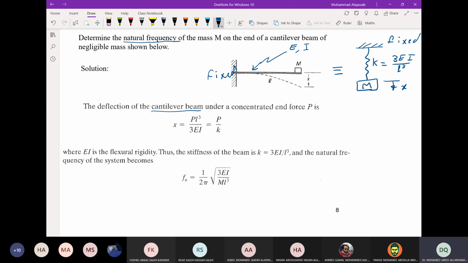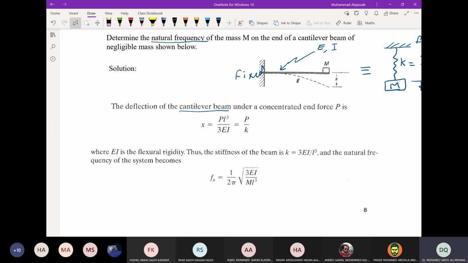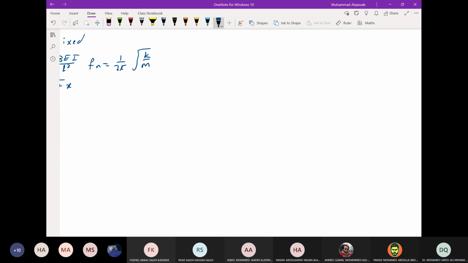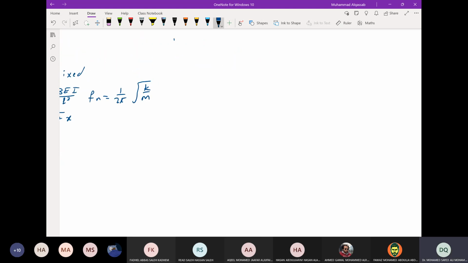Now, if you go back to mechanics of materials, you will find that the deflection, if you just change everything, because X is usually for dimensions along the length of the beam. So if you have a concentrated force P applied at the free end, which is L, X equal to L.